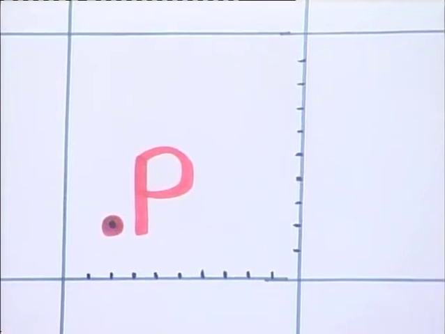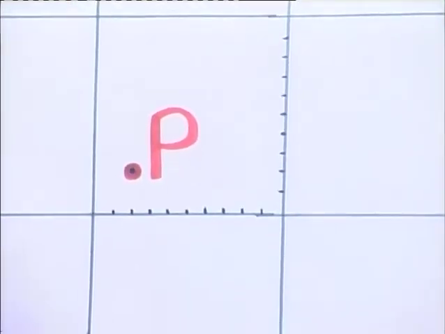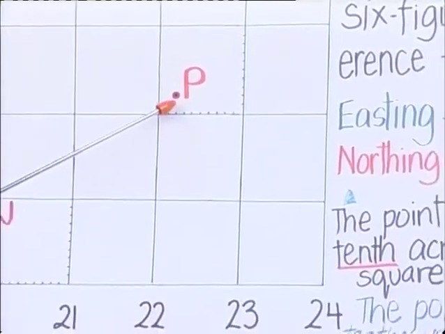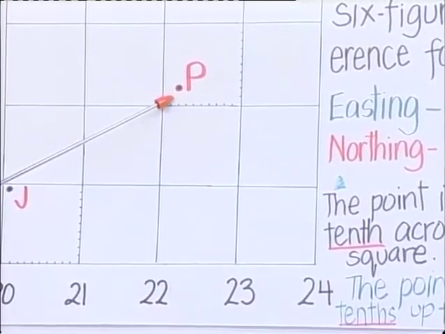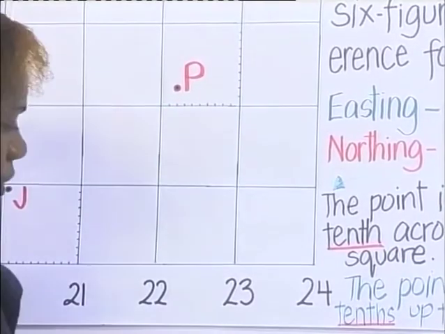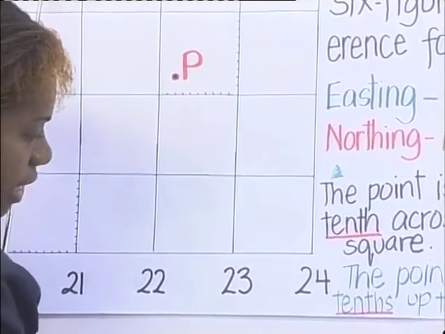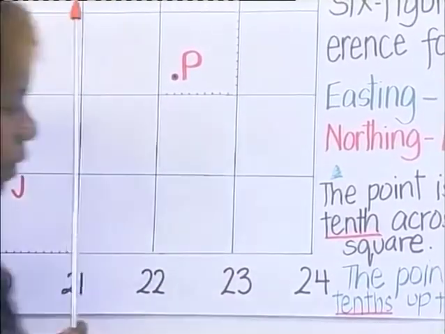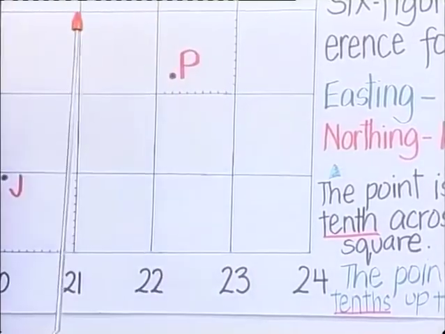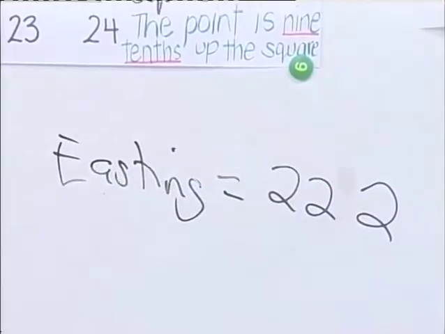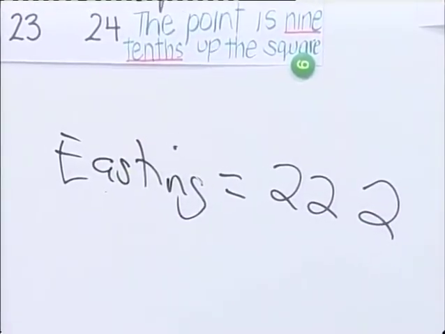So 22 what? Now you estimate how many tenths P is. 2 tenths, very good. So you can write easting equals 22, so 2 tenths, 222. Okay, this time northing.